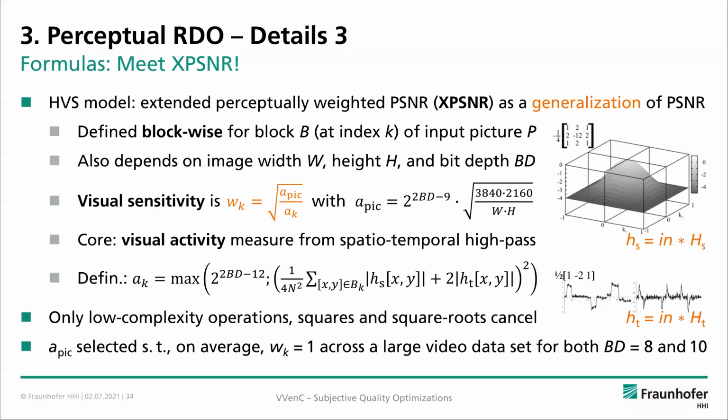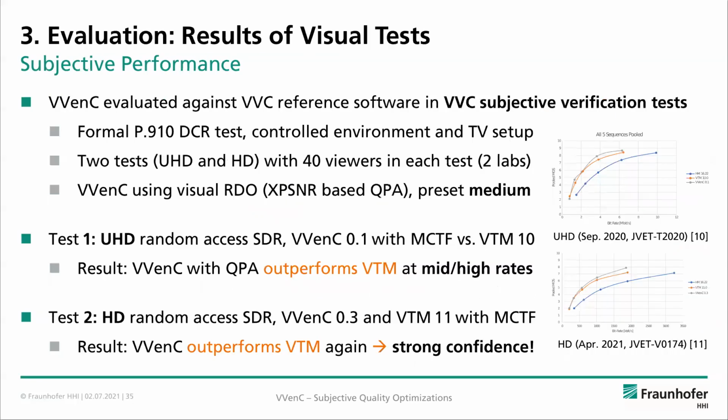So, the best way to check if the visual quality has improved due to our perceptual RDO is to perform visual tests with a large number of viewers. And actually, during the finalization of the VVC standard, a subjective test has been conducted with VVenC and the VVC reference software VTM included.